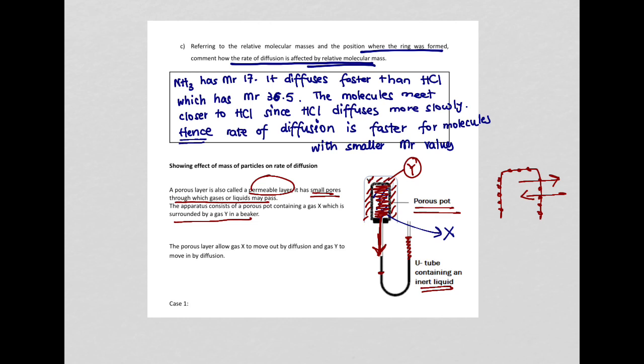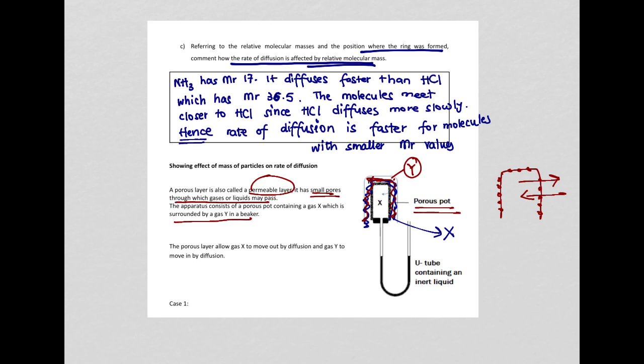Now, there is another scenario where lots of gas leaves the porous pot. You have all the gas X getting outside, so there is less gas X inside, and the gas Y takes time to go in, so it stays outside.